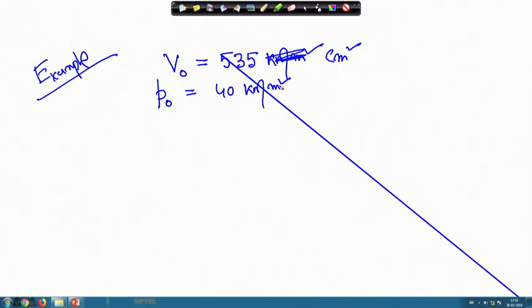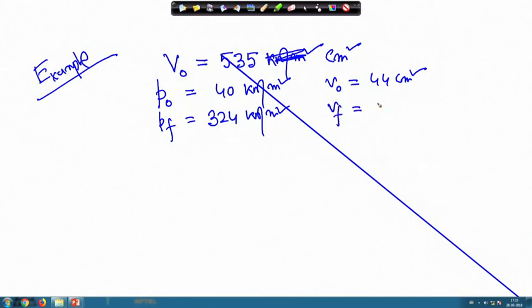P0 is the pressure corresponding to V0, which is 44 centimeter cube. Then Pf is measured as 324 kilonewton per meter square, and Vf is equal to 178 centimeter cube, and mu is taken as 0.5. So, we have to calculate the pressure meter modulus.